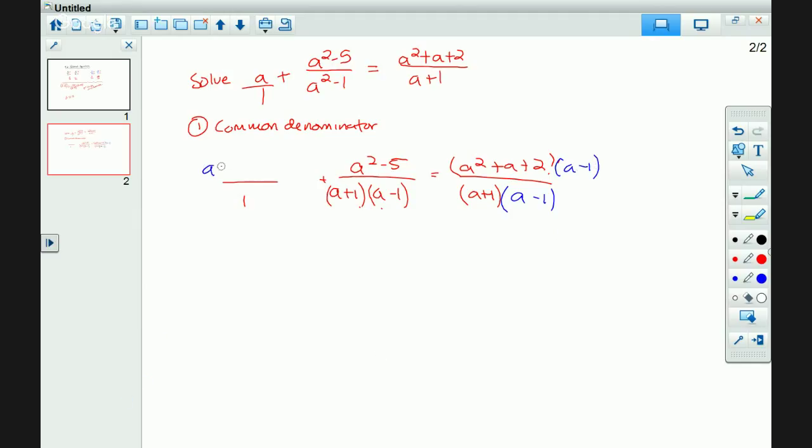Now I have a common denominator all the way across.